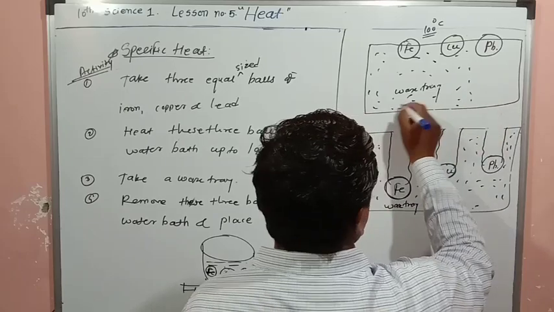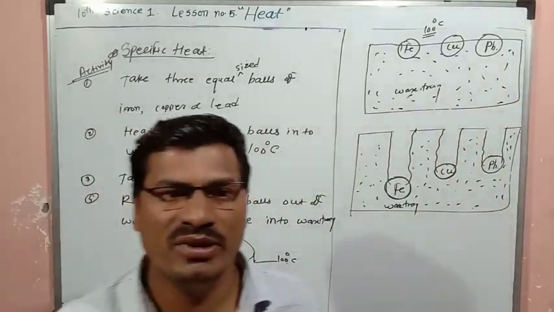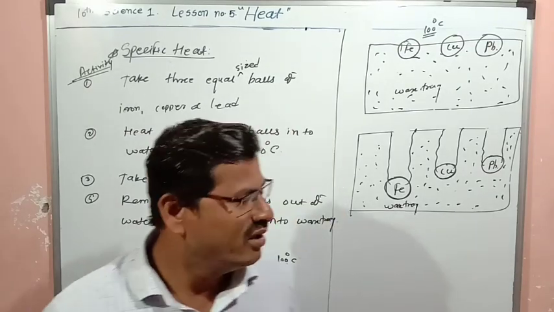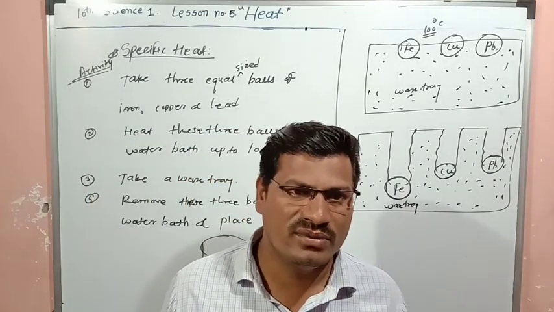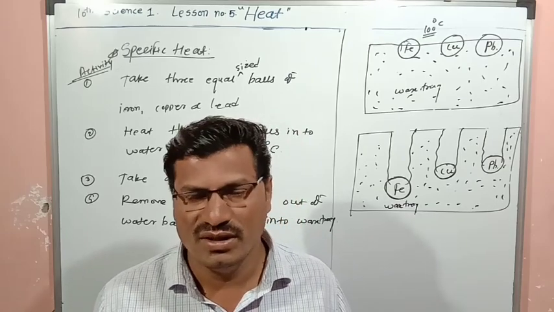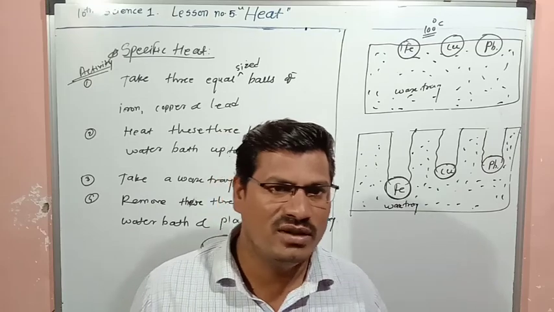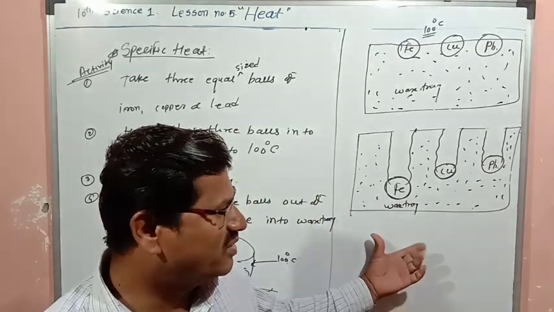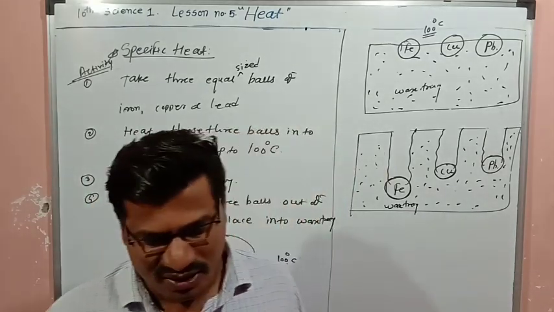Even though the temperature will be equal, the amount of heat absorbed is different. The amount of heat and energy absorbed by these different materials is different, and this is called specific heat capacity. So you can tell the definition of specific heat capacity.